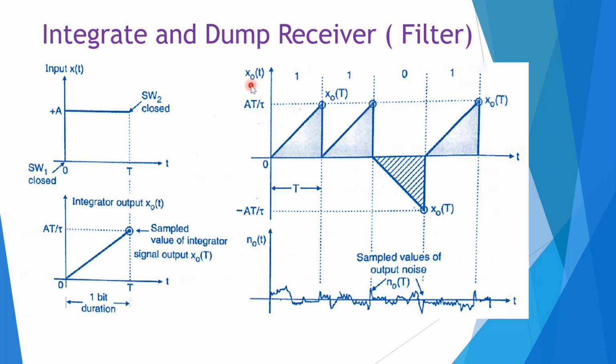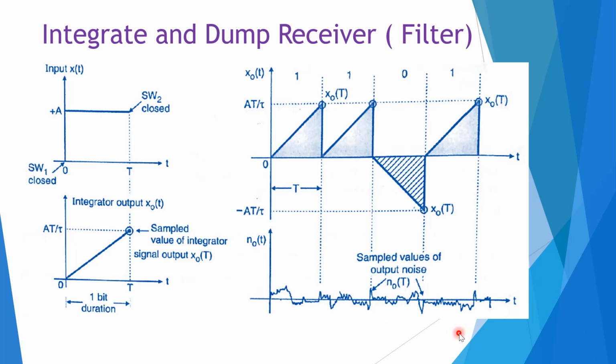So this is xo(t), that is the signal output voltage, whereas no(t) is the noise output voltage. xo(t) and no(t) represent the instantaneous signal and noise voltages at the integrator output, whereas xo(T) and no(T) represent the sampled values of the output voltage and noise voltage respectively at the end of each bit interval T.